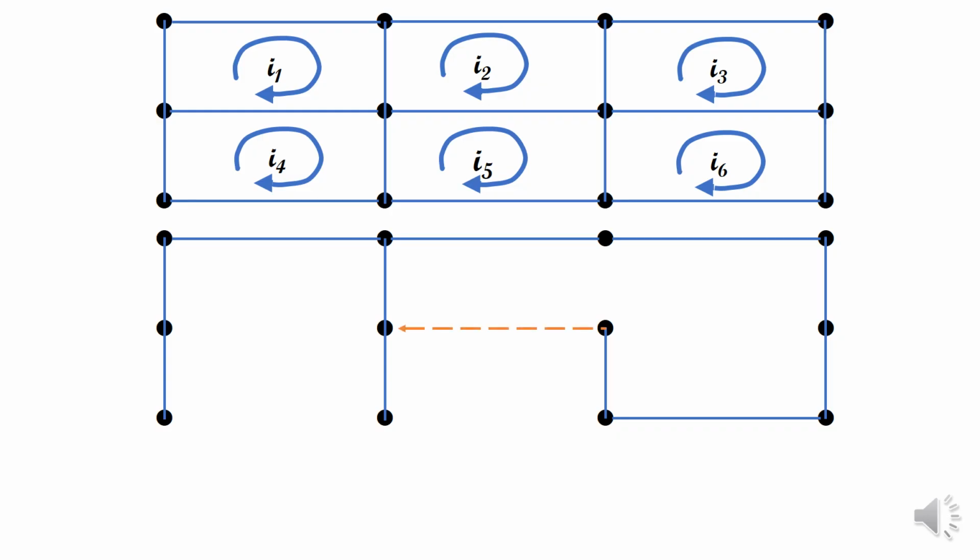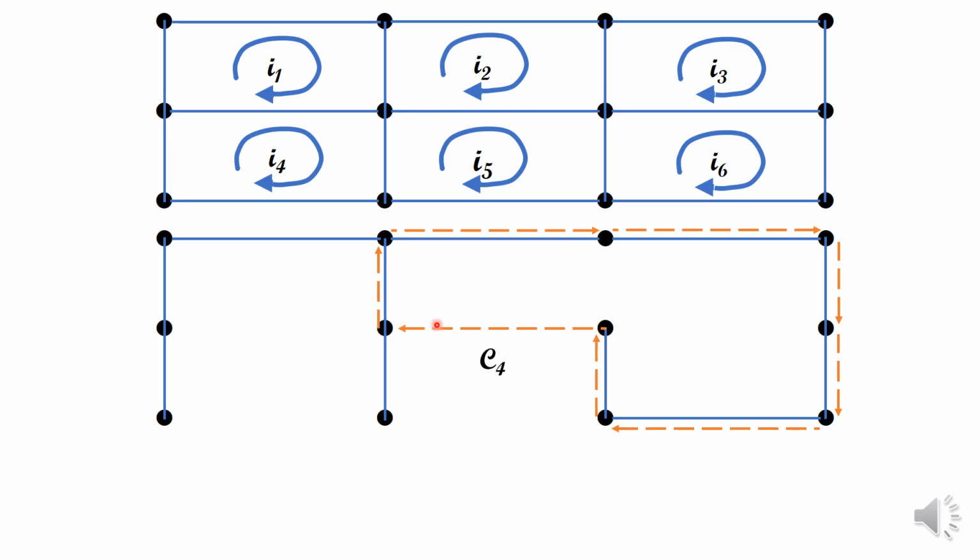Again, I want to just illustrate what I described on the last slide. Let's go back to our spanning tree here, and we added this edge which we removed to form the spanning tree.